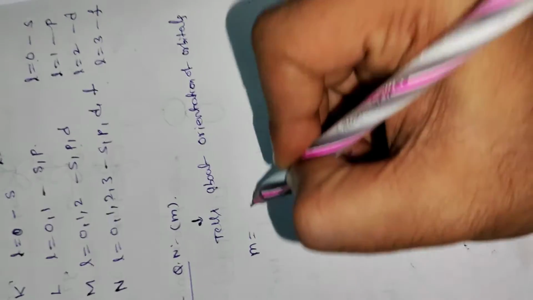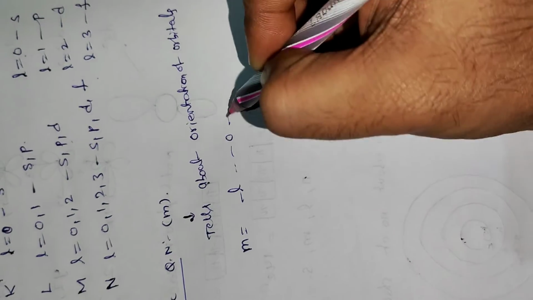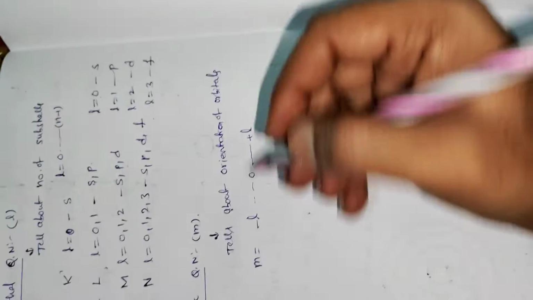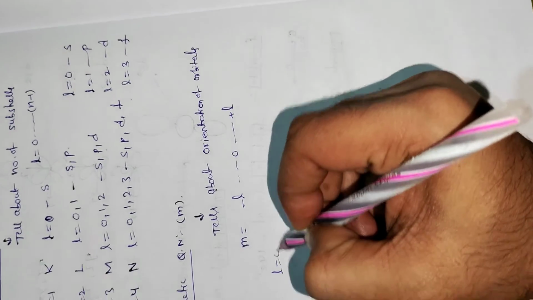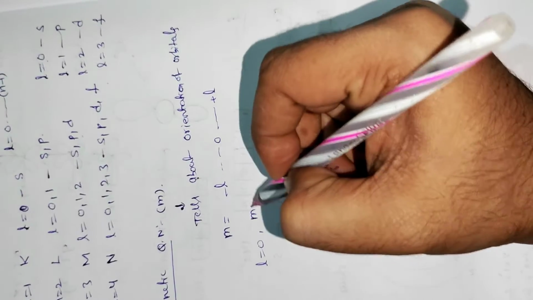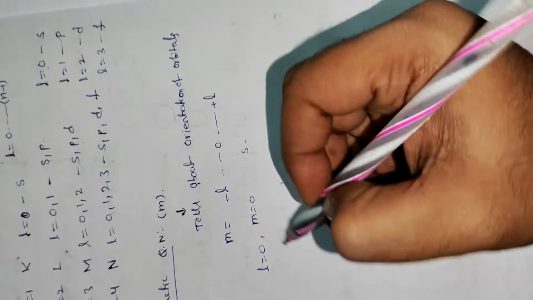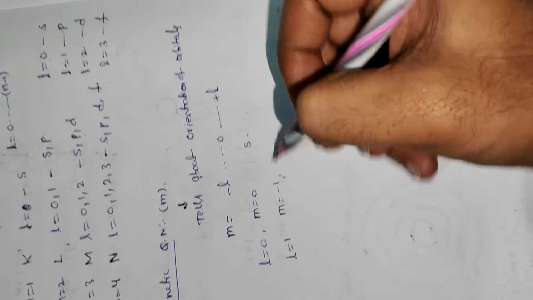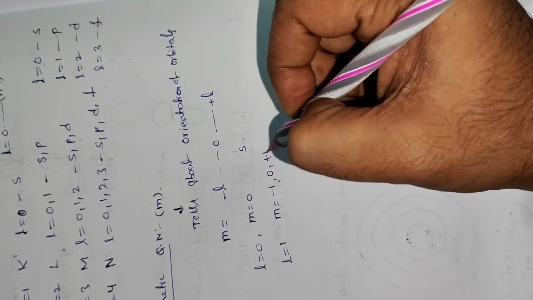M values lie between minus l to plus l. When l value is 0, m value is also 0. That is the s orbital. When l value is 1, m values are minus 1, 0, plus 1.